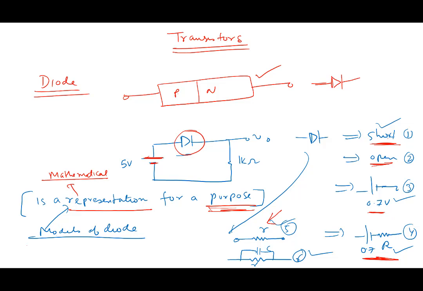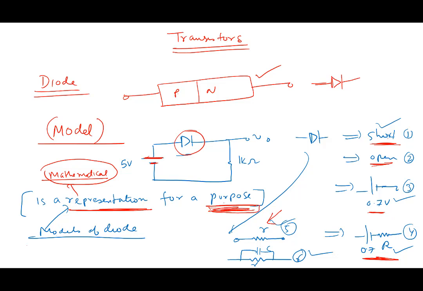And so the idea is that when we talk about a model, a circuit model for a transistor or for a diode or whatever, it's important to remember that a model is a mathematical representation. Mathematical representation, that's the first part, and for a purpose. That's the other part here.